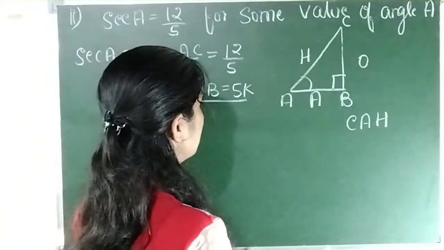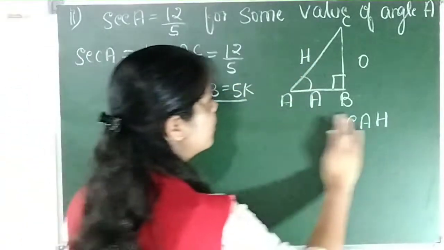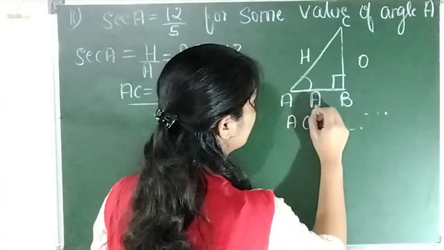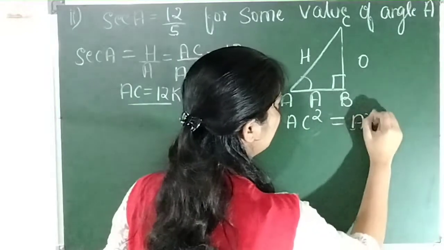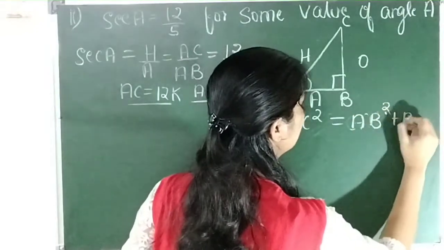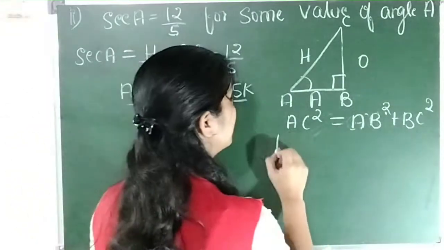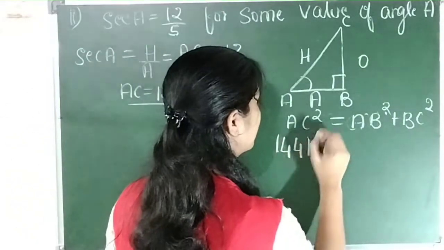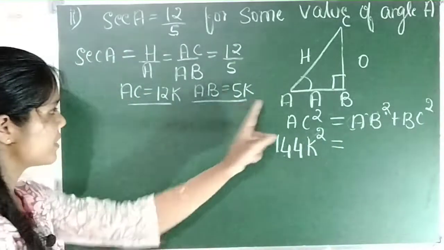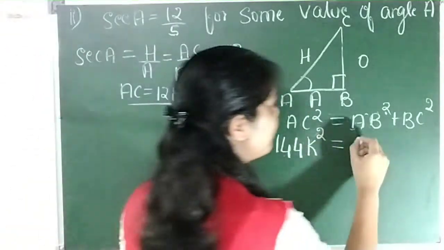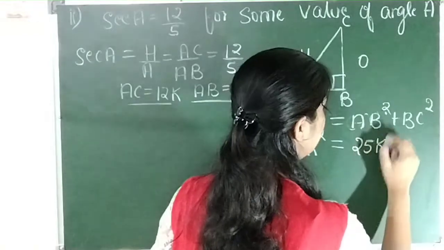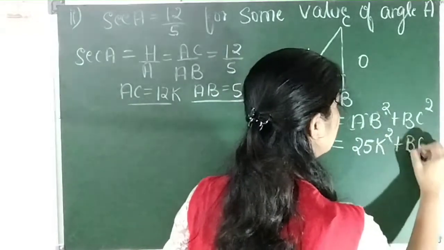So apply the Pythagoras rule. AC square is equal to AB square plus BC square. AC square is 12K square, that is 144K square. AB square is 5K square, 25K square plus BC square.